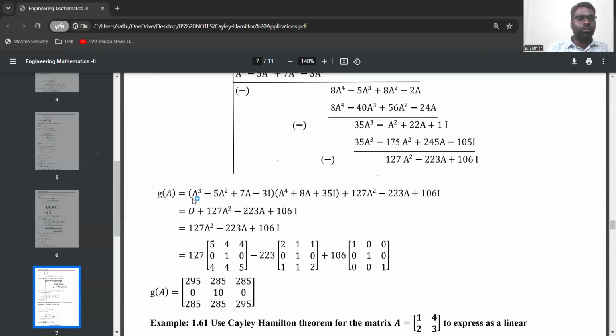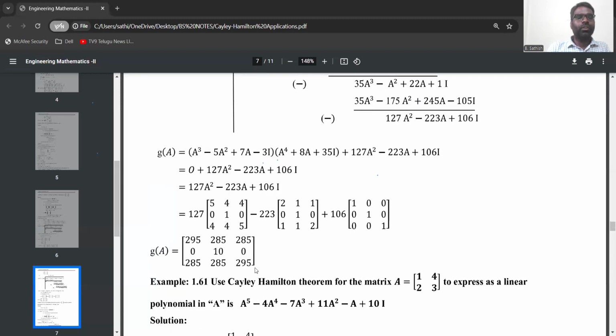As usual, we know that the first part, from the Cayley-Hamilton theorem, equals 0. So 0 into something, this part is also vanishing. Simply we get the remainder term, 127a square minus 223a plus 106i. That is g of a.